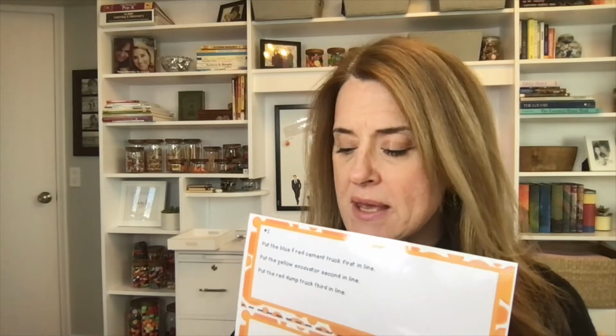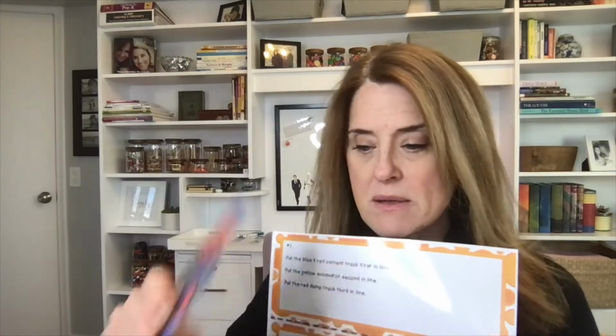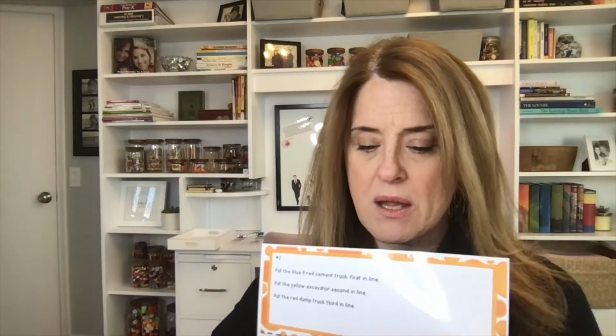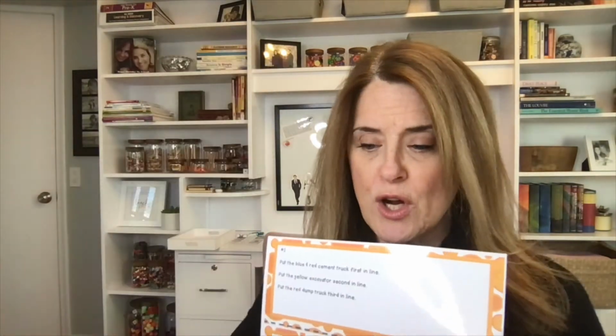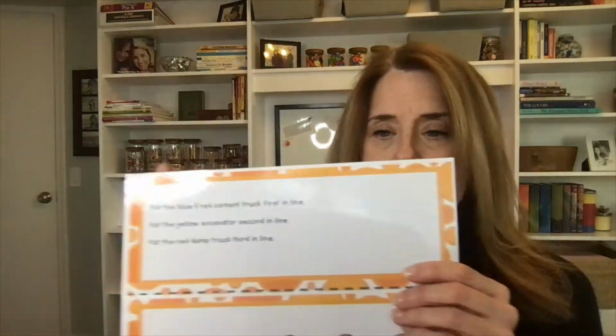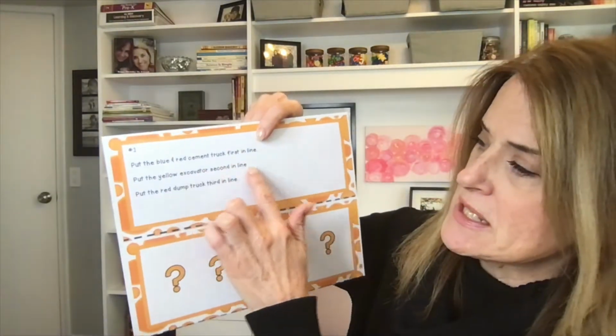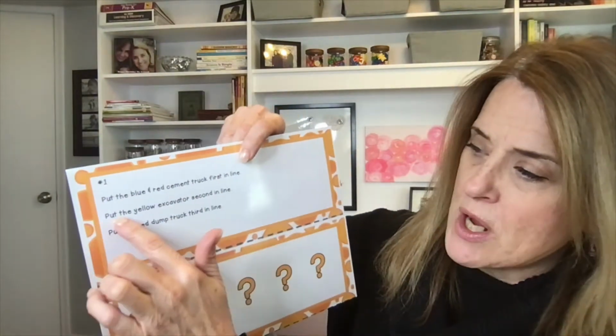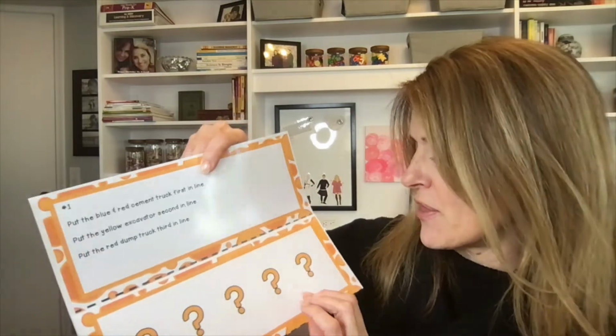So the kids will have these trucks. They'll have a blue and red cement truck, a yellow excavator, a red dump truck, a blue roller, and a red and yellow forklift. So these instructions say, okay, blue and red cement truck, put the yellow excavator second in line, put the red dump truck third in line.